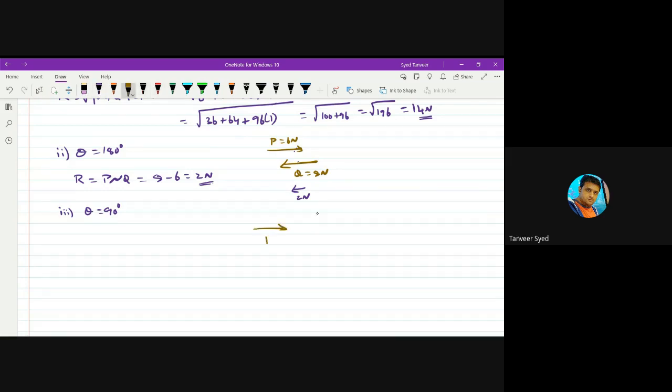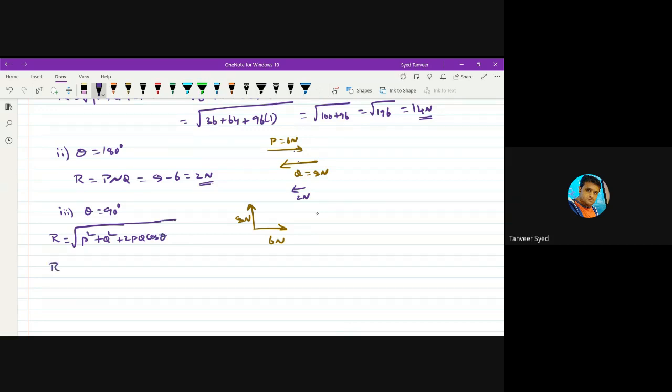This is P, 6 Newton. This is 8 Newton. So here, parallelogram law gives you R is equal to root of P square plus Q square plus 2PQ cos theta.